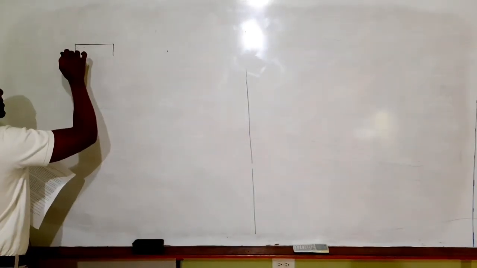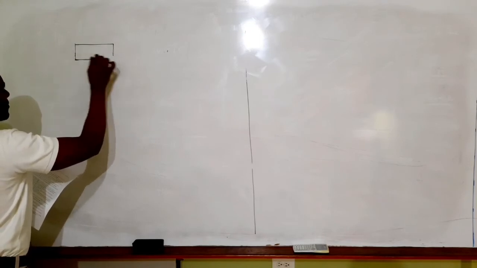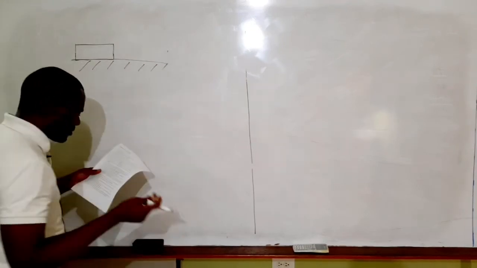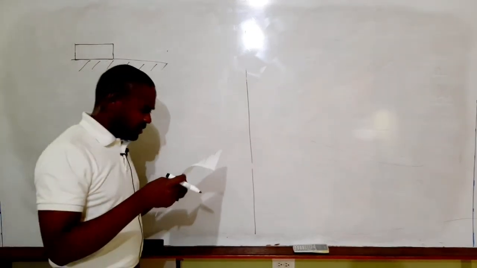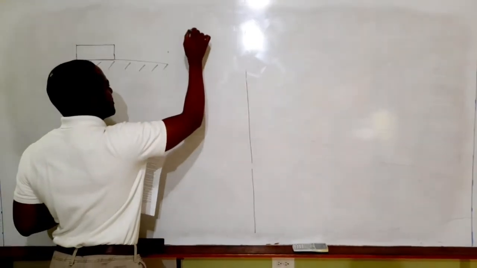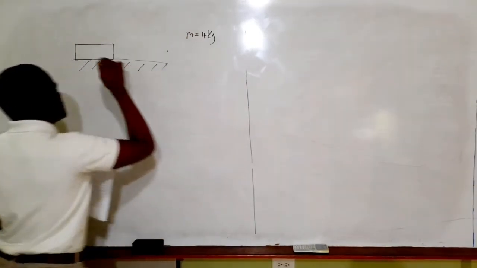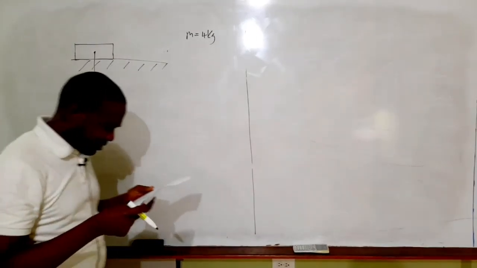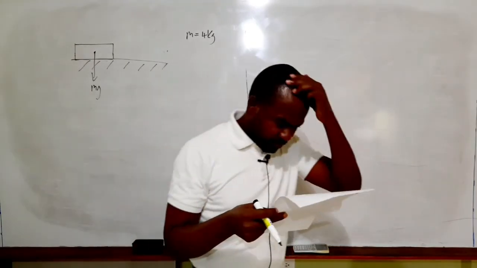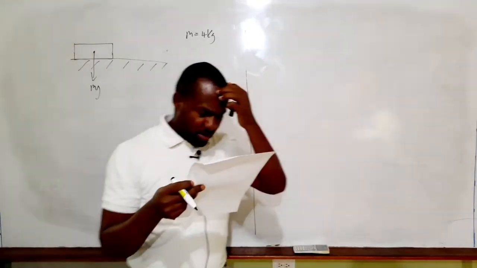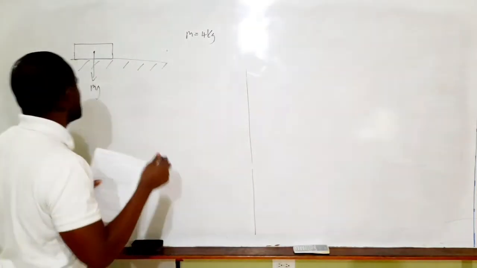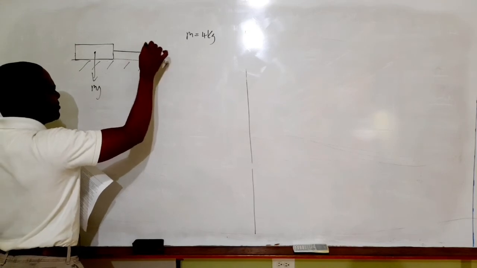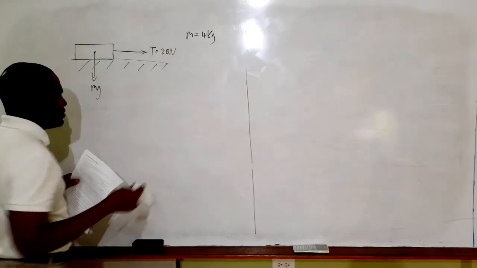So we have an object which is being pulled along basically rough ground, because we're talking about the coefficient of friction, right? The mass, of course, is 4 kilograms. So the mass M is equal to 4 kgs. So we put the forces acting on the object: the weight is acting vertically downwards, and there is tension in the string. The string is parallel to the surface, so there is a string which is pulling the object, and the tension in the string T is equal to 20 newtons.